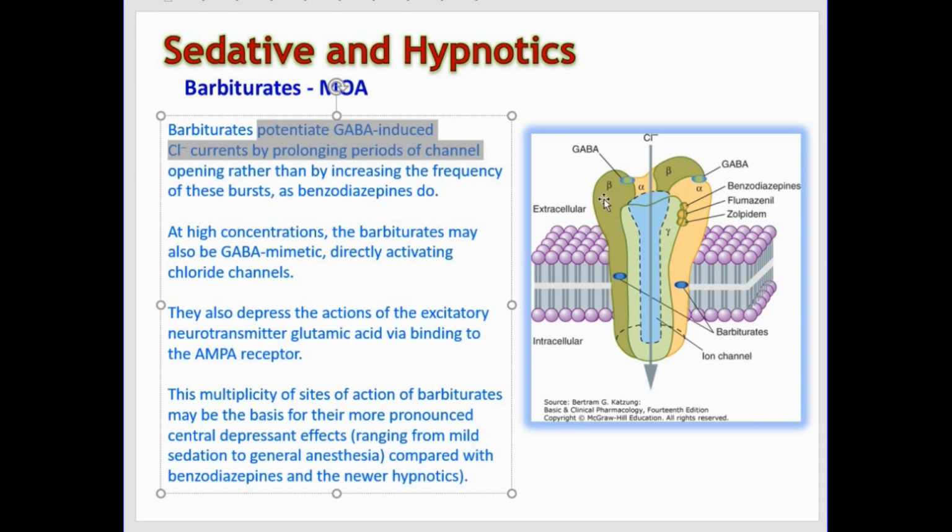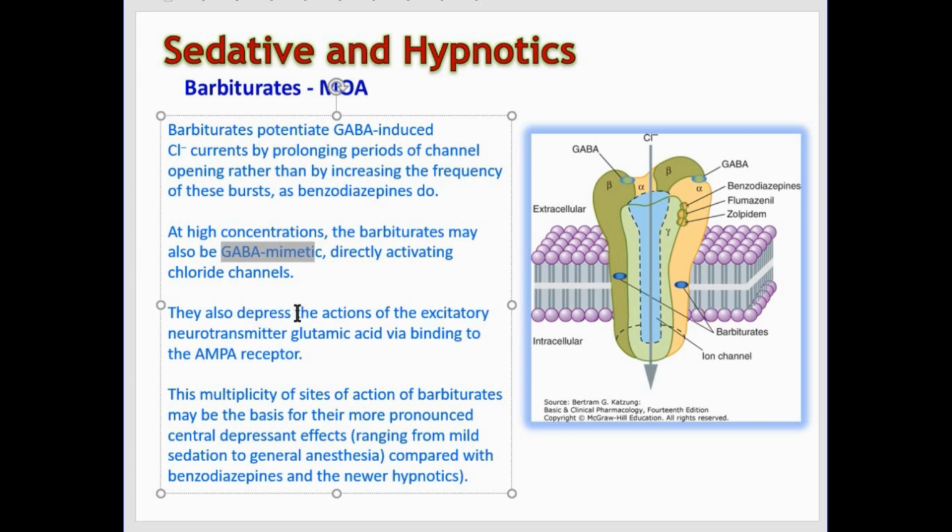Basically, these are positive allosteric modulators. Positive means they increase the chloride channel opening, and allosteric means they bind at a different site than GABA. If you give them in high concentration, they can actually work as a GABA mimetic, so they don't need GABA and will just activate the channel themselves.